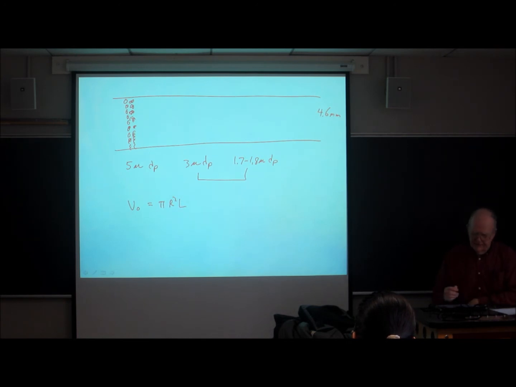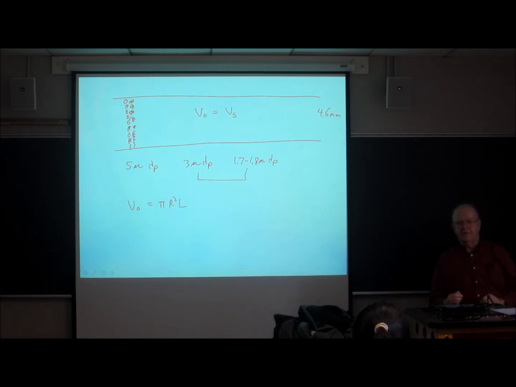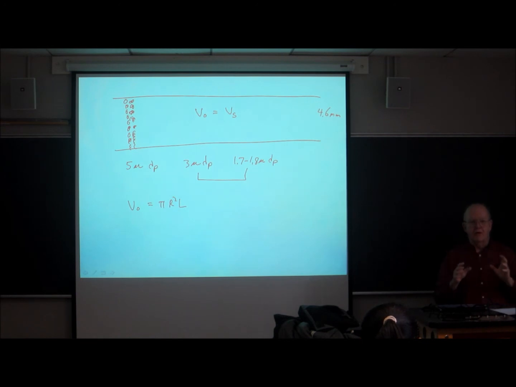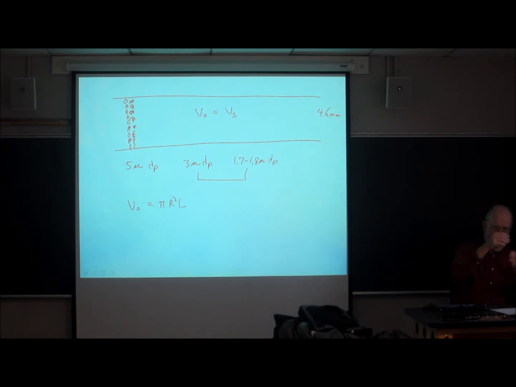The total volume of the tube is occupied, first of all, by the volume of the solid material. Now, the phase is solid, but that doesn't mean it's not porous. So we have to also incorporate the volume that's inside the periphery of the particle.